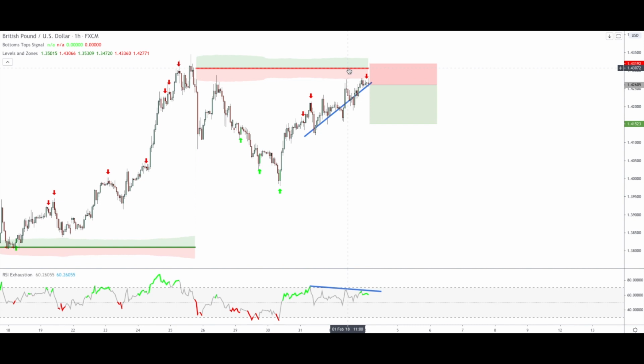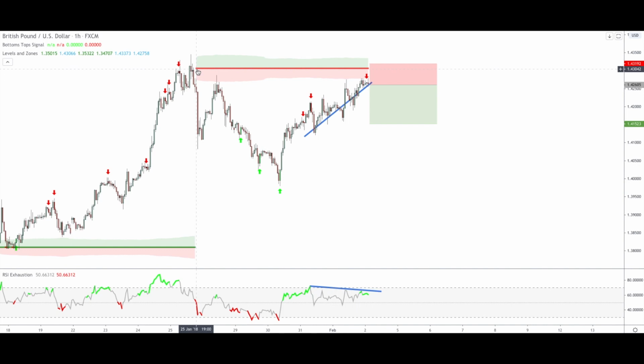And let me point out that this major resistance started from here, but as you can see, it was not tested before. So at this point, from a technical point of view, we as technical traders could not predict this was going to be a resistance in the future.